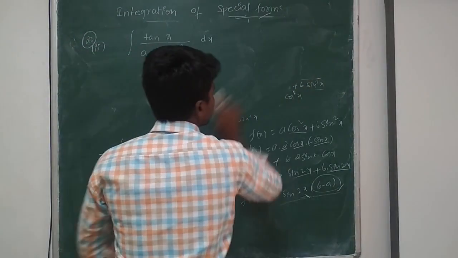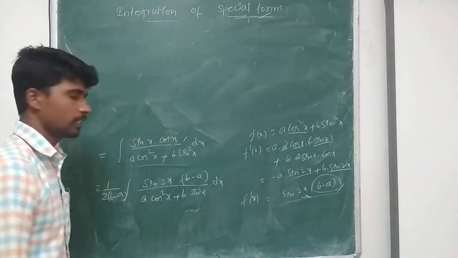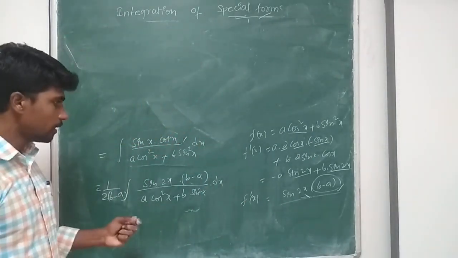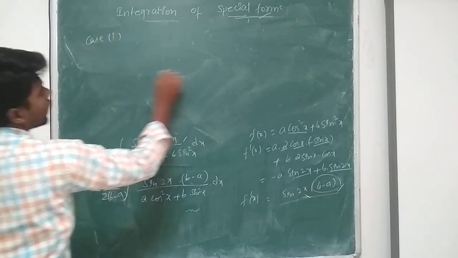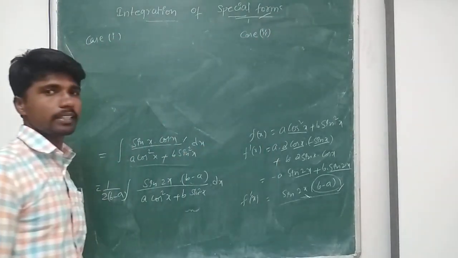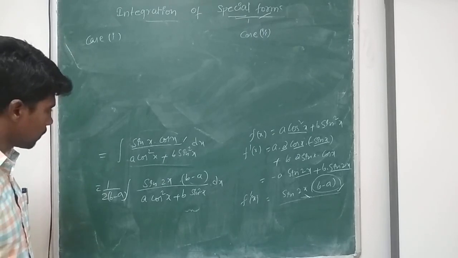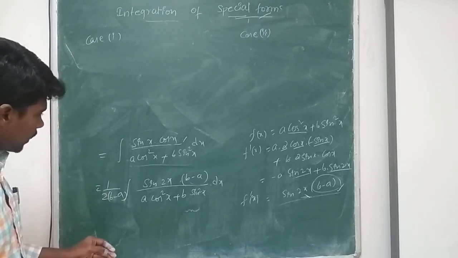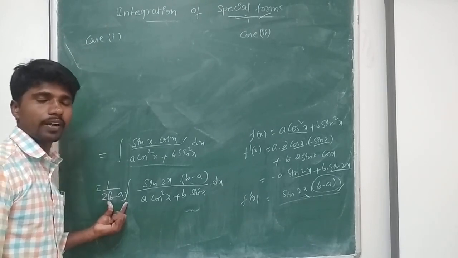Okay. Now, this has two cases, case 1 as well as case 2. Why do two cases arise? Because if a is equal to b, this one is not defined.